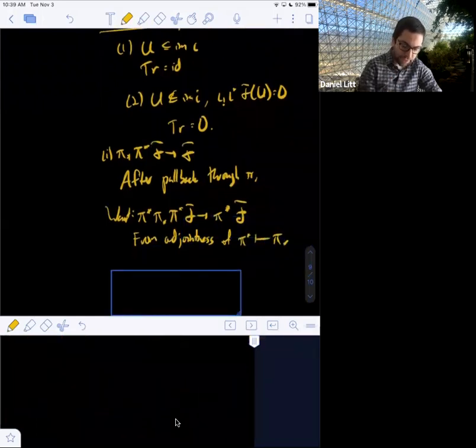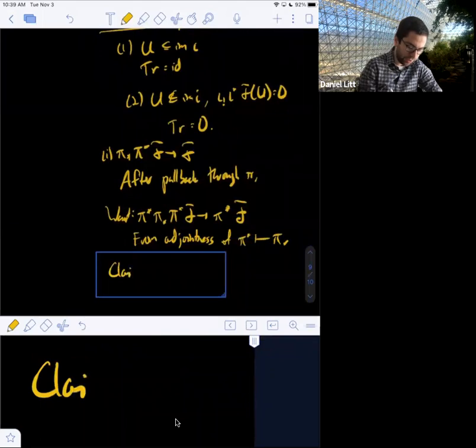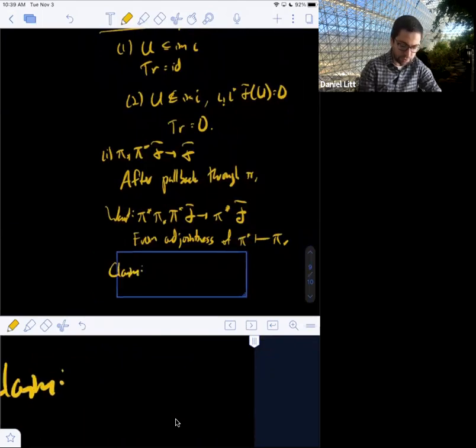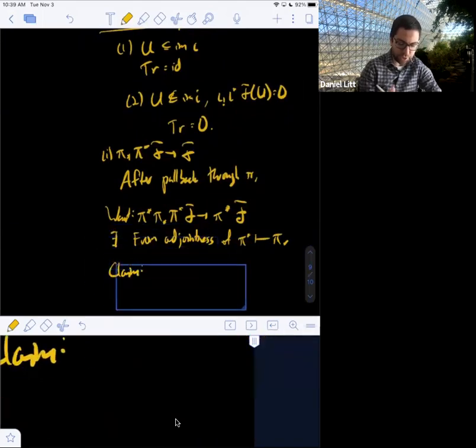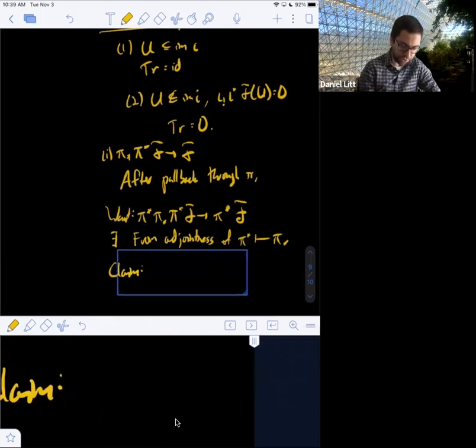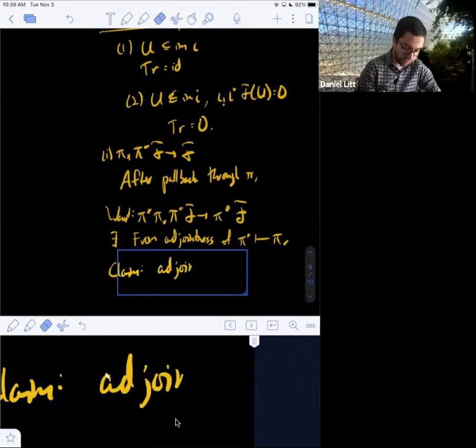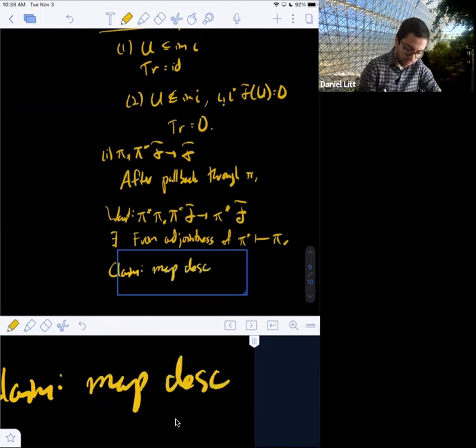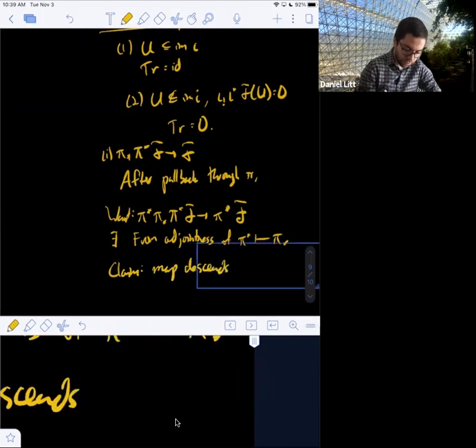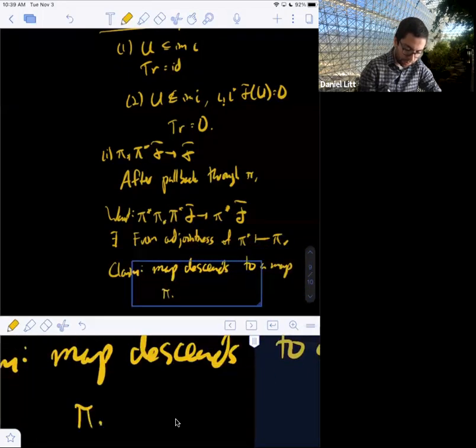And now the claim is that this map actually descends, to a map pi upper star, pi lower star, pi upper star of f to f.